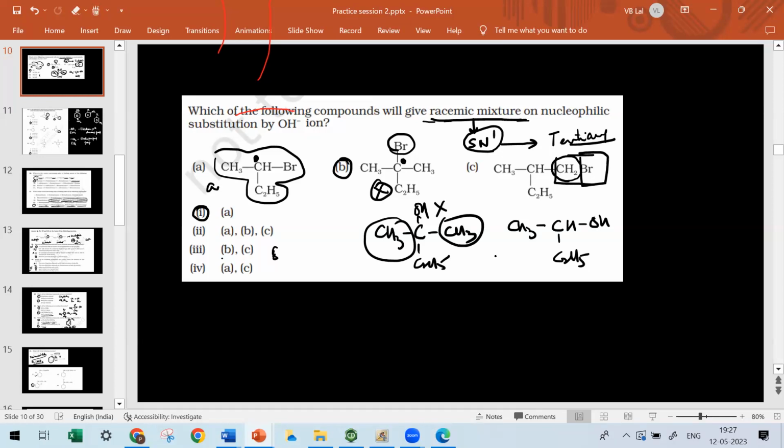This carbon is chiral, right? So C can also give, because right now this carbon is chiral, and when Br is replaced it will remain chiral. So since there is a chiral carbon, there is a possibility of racemization.